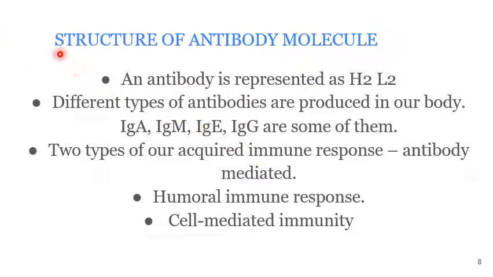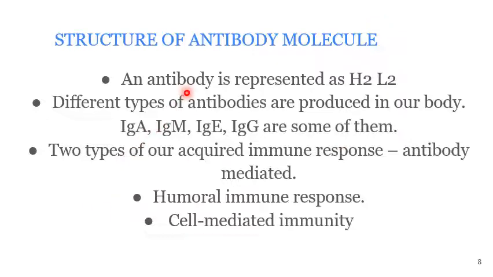Now let us know the structure of the antibody molecule. An antibody is represented by, as I said, four polypeptide chains. Two of them are heavy, two of them are light. I will show that in the next PPT in the form of a picture.